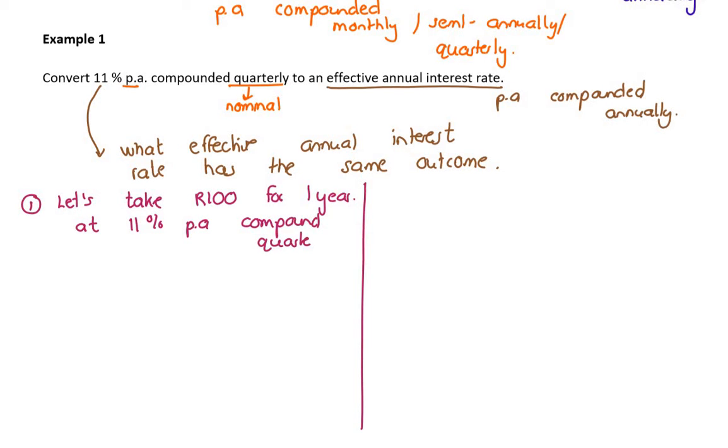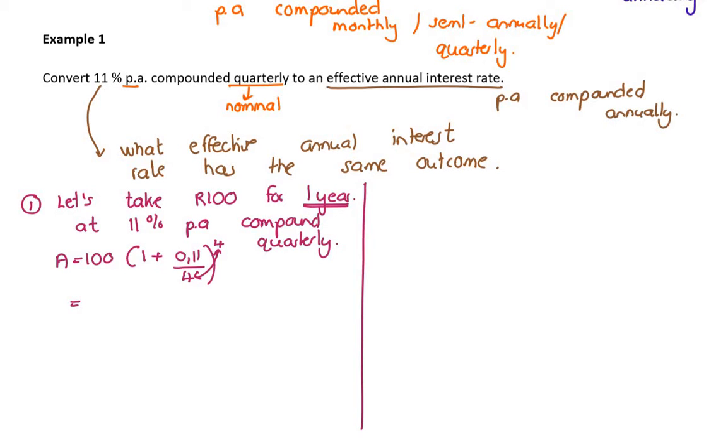I always do 1 year, because as long as you're comparing the same time periods it doesn't matter, but 1 year is just so much easier. We take 100 Rand, it's 11%, but careful, it's compounded quarterly, so that means it's divided into 4 parts, and because you're always putting it in for 1 year, these numbers are always going to match, because if you're dividing 11% into 4 parts, in 1 year you will have 4 sets of that interest. So for 1 year, those two ends will always match.